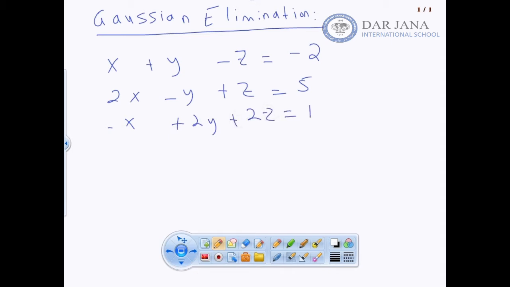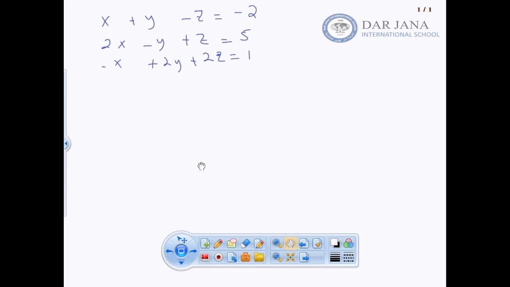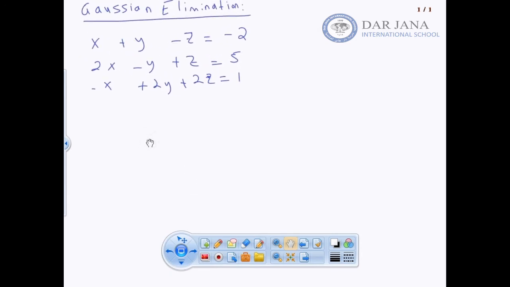We have this system of equations: three equations, three unknowns, and we are going to solve it using Gaussian elimination. First step is to convert it to an augmented matrix. And it's very easy.